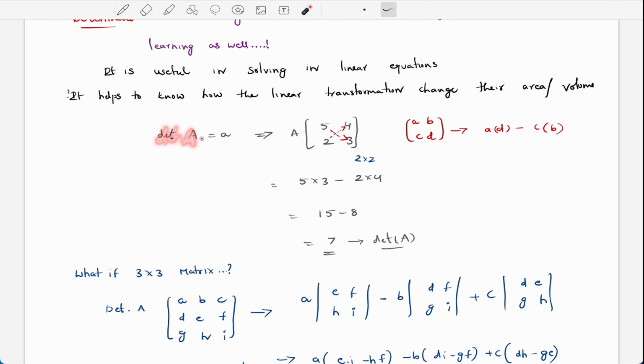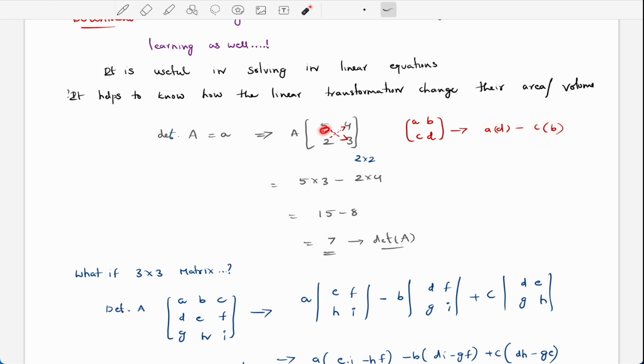We take the determinant of A, where the matrix is 5 2 4 3. We cannot say this is a formula, but it is a method: we multiply a into d, then multiply c into b, and subtract.